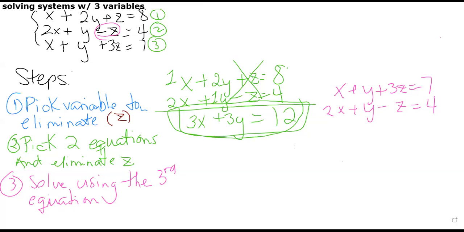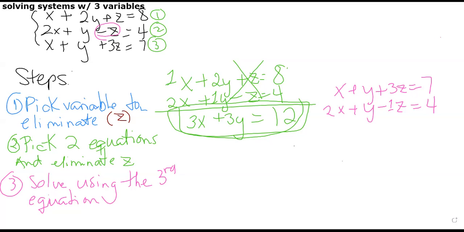On the top one, I have a 3z. The second one, I have a negative z, or really a negative 1. So it's going to be easier for me to get that 1 to 3 than to get that 3 to 1. I would have to divide everything by 3 and then I'd have fractions, and I don't want to deal with that. But I can multiply the 1 by 3 to get to that 3z.